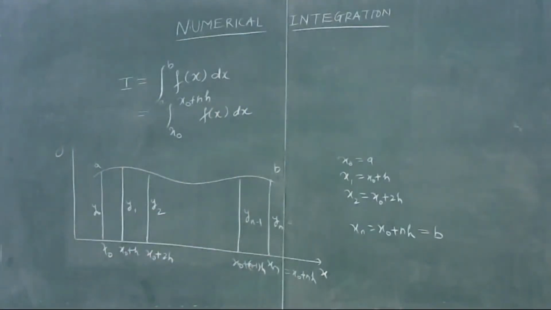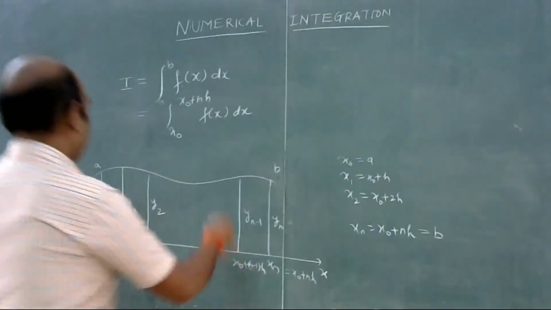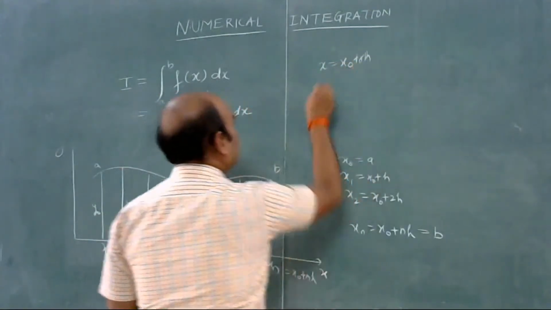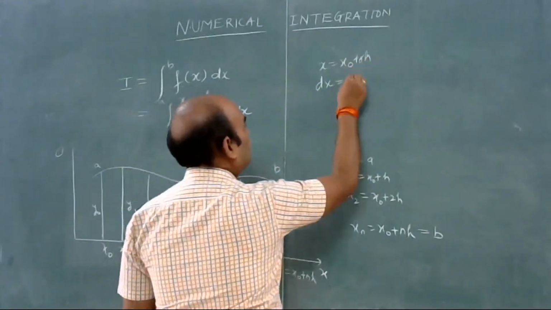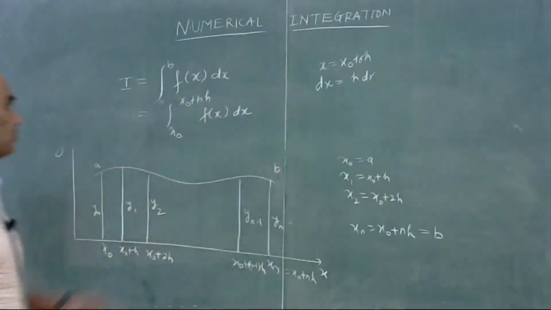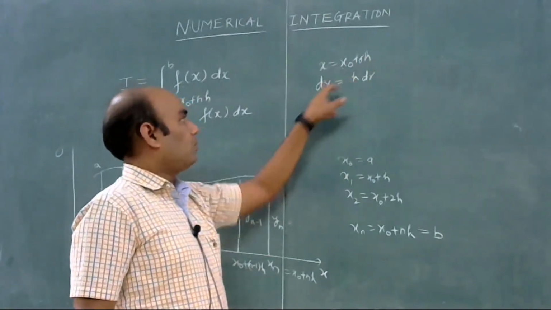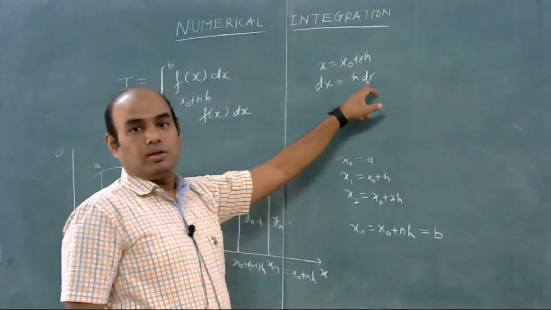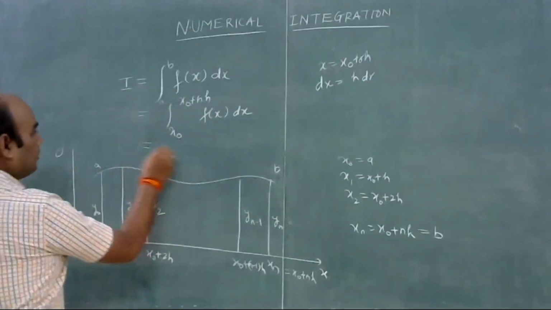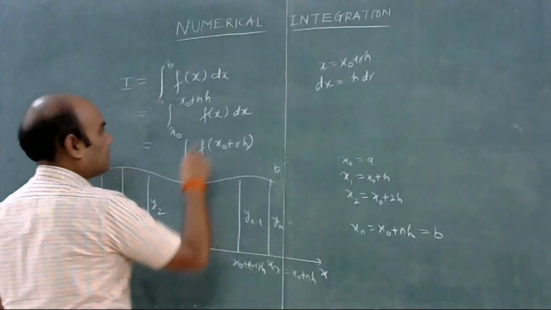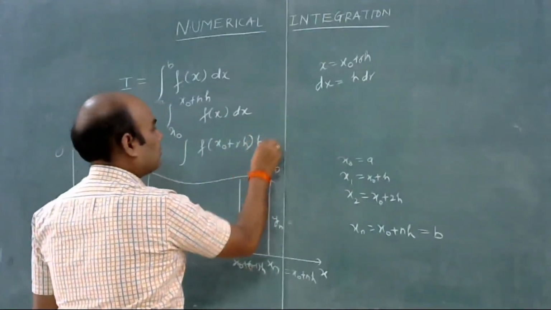Okay, so let x is equal to x naught plus r into h, where dx is equal to h into dr. Okay, so we are substituting x is equal to x naught plus r into h, and differentiation of this gives dx is equal to h into dr. So this will become the integration of f of x naught plus r into h, and dx will be h into dr.